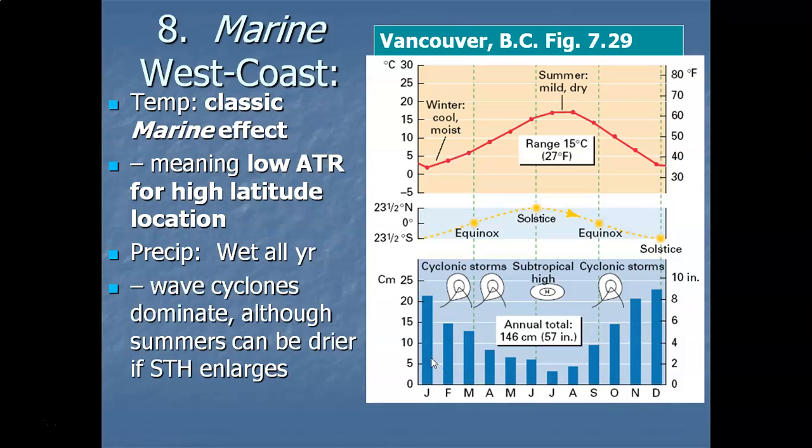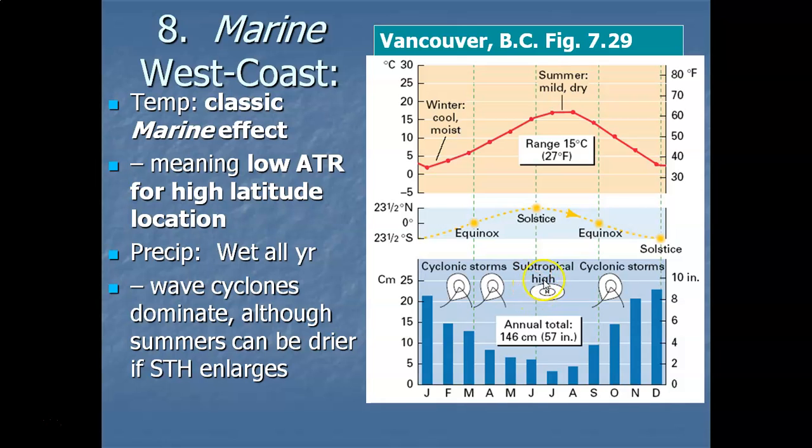The main influence is wave cyclones pretty much all year long, and you get abundant, heavy precipitation during the winter months. Now, in summertime, you still get the wave cyclones moving through, but a little bit less.